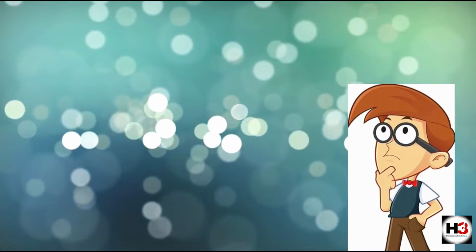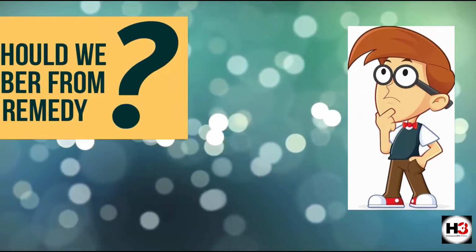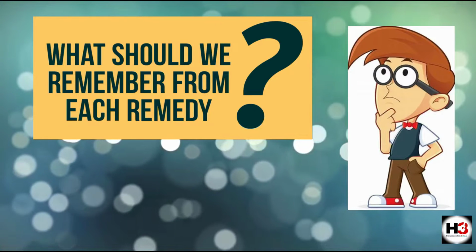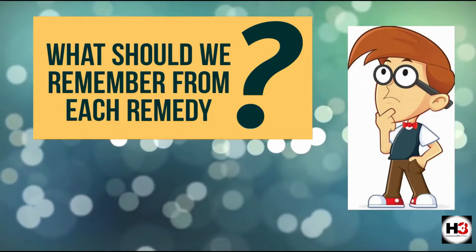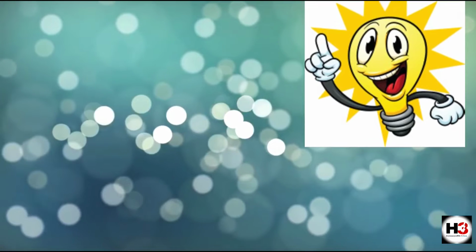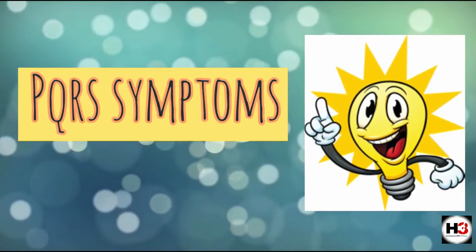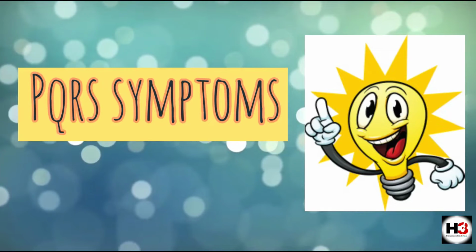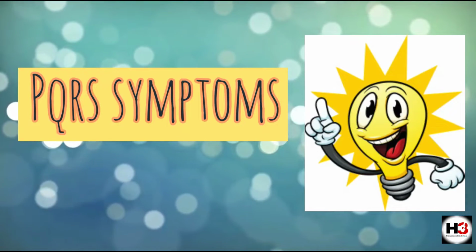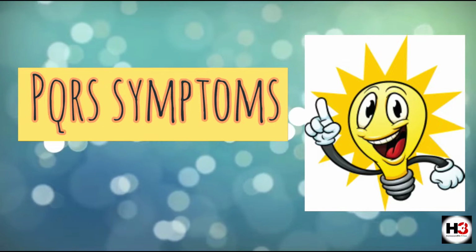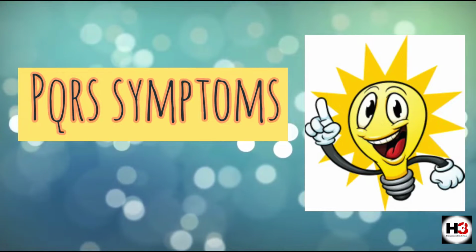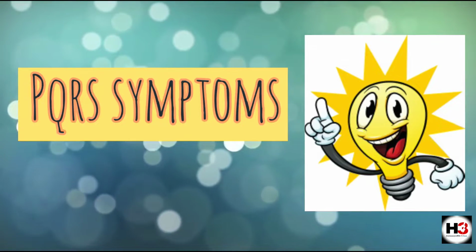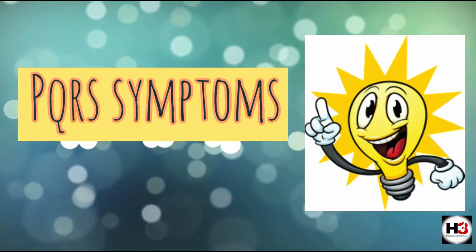Now that we have seen which books to refer for Materia Medica, we will now understand what exactly has to be remembered from each drug or each remedy. The answer to this is quite simple, and the answer is PQRS or characteristic symptoms of each remedy. Now, every remedy in our Materia Medica has those few individualizing symptoms for which they are known, and these symptoms form the basis of our prescription too, and thus we have to remember only those symptoms or indications of that remedy.